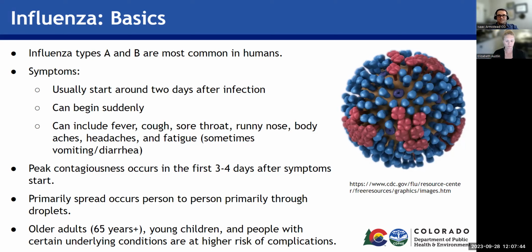And then some of these symptoms can include fever, a cough, sore throat, runny nose, body aches, headaches, and fatigue. And then sometimes gastrointestinal illness to include vomiting and diarrhea, but that can be variable. And again, all of this is a bit more general in the way I'm speaking about these right now. So an individual person's experience may be different.